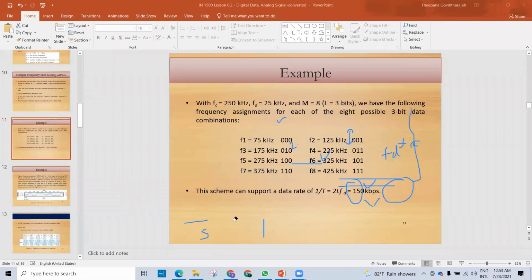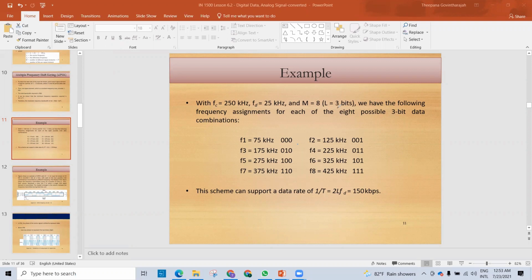Let's look at one example. The question gives FC equal to 250 Hertz, FD 25 Hertz, M is 8.